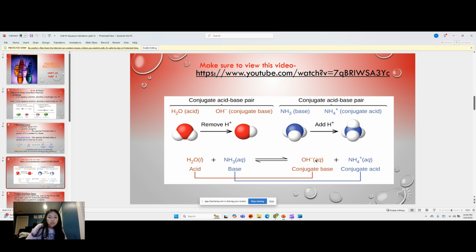That's why your conjugate base is hydroxide, because this is what happens when water loses its proton. Then your base is going to accept that proton, so it's going to become ammonium. So yeah, it's an ammonium ion.